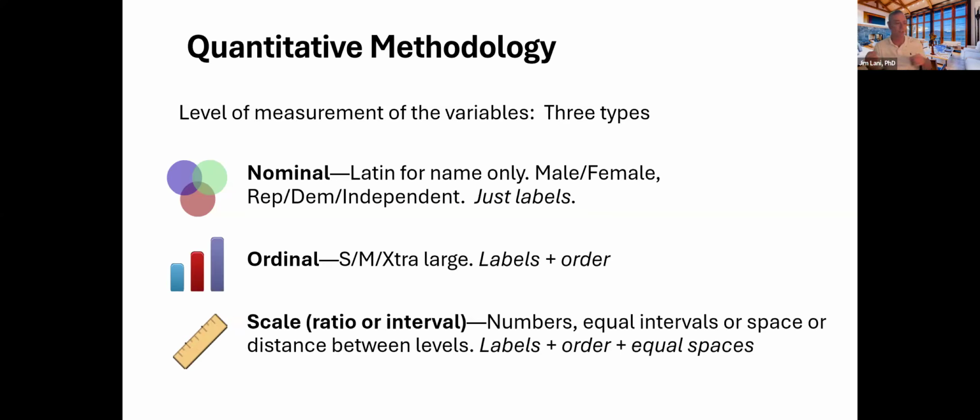So if I go from a 5-point Likert scale: strongly disagree, disagree, neutral, agree, strongly agree, is that ordinal? Or are those equal levels? Do I have as much distance in my perception of agreement from strongly agree to agree as from agree to neutral? Kind of a question.